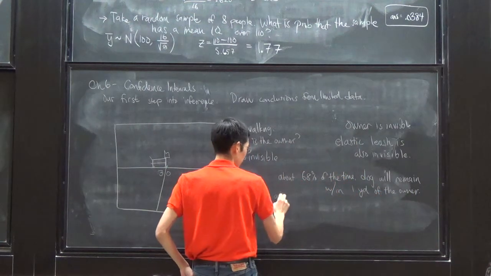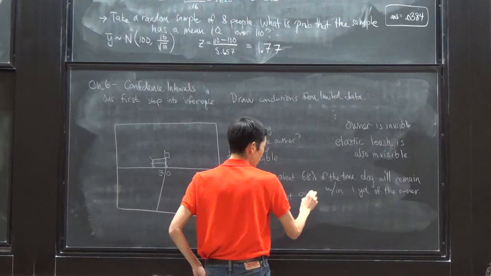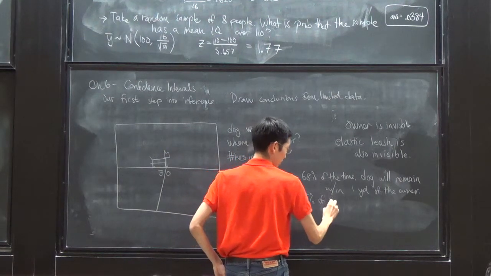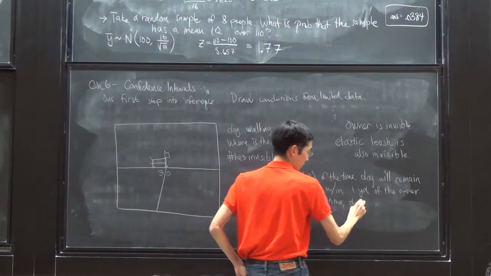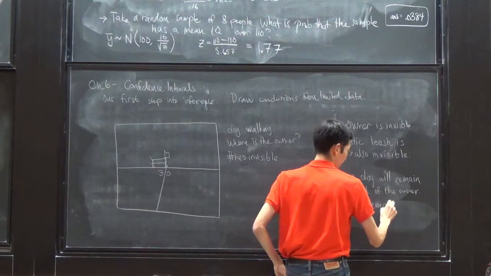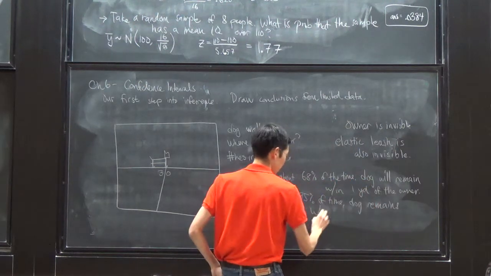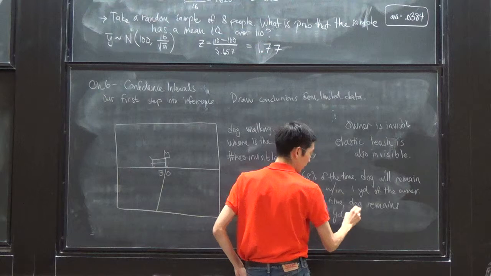And about 95% of the time, the dog remains within 2 yards of the owner.